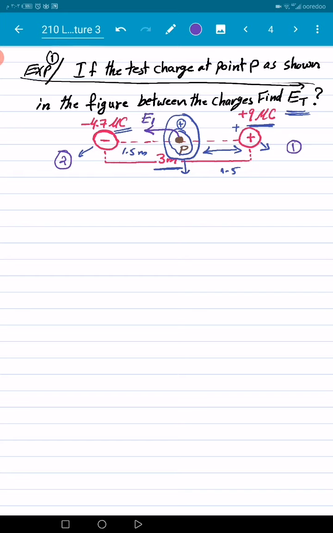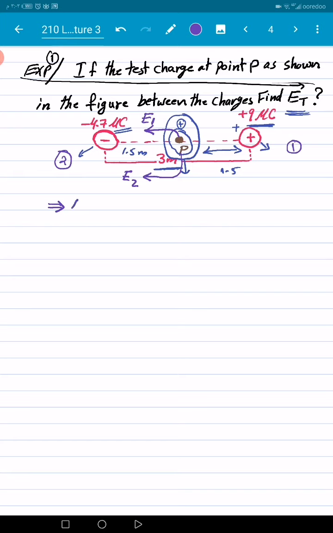That is E1, because positive with positive is repulsion. Now the test charge with the negative charge is attraction, so the second electric field moves in this direction.